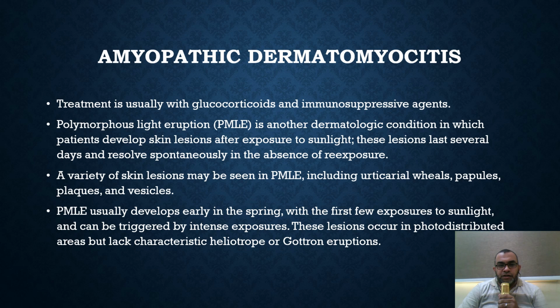A variety of skin lesions may be seen in PMLE, including urticarial wheals, papules, plaques, and vesicles. PMLE usually develops early in the spring, with the first few exposures to sunlight, and can be triggered by intense exposure. These lesions occur in photo-distributed areas but lack characteristic heliotrope or Gottron eruption.